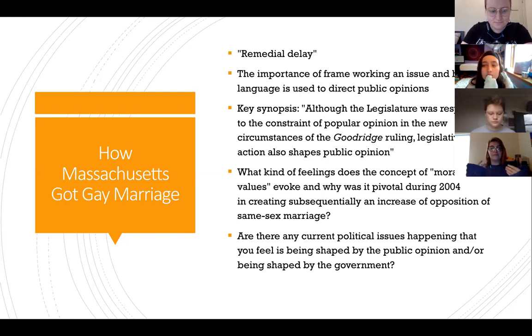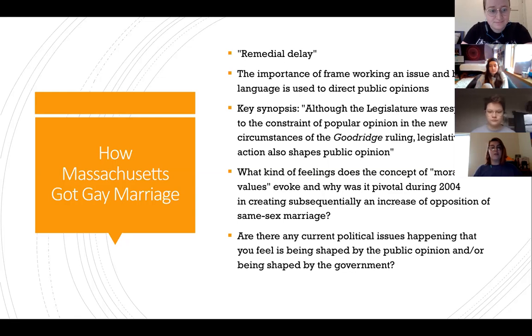Something that happens quite often, one reason why public opinion changes so much, is that if a law or a bill is backed by more than one branch of government, public opinion is going to be more in favor of whatever that bill was stating.